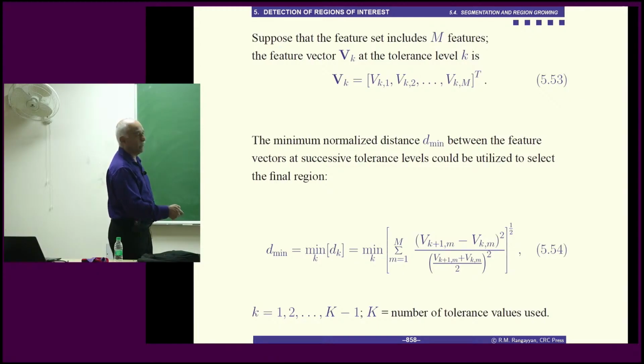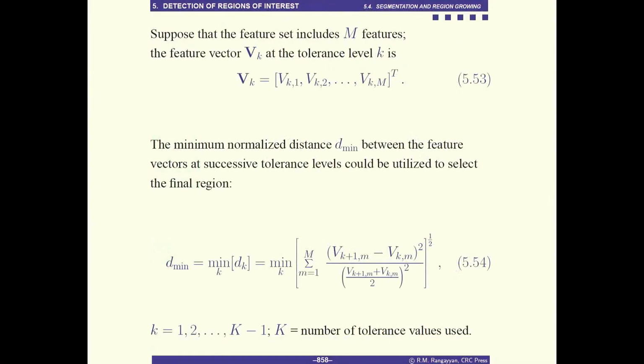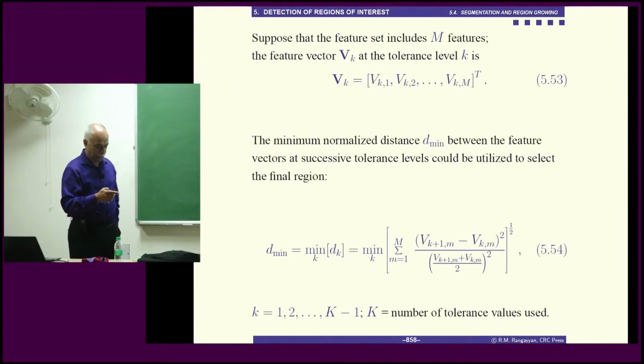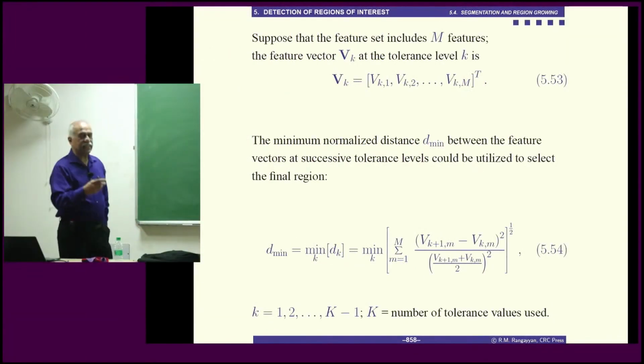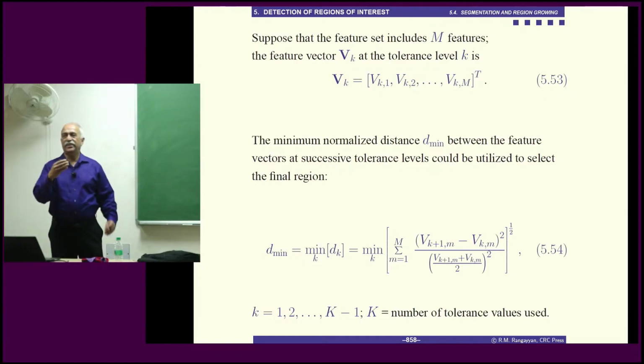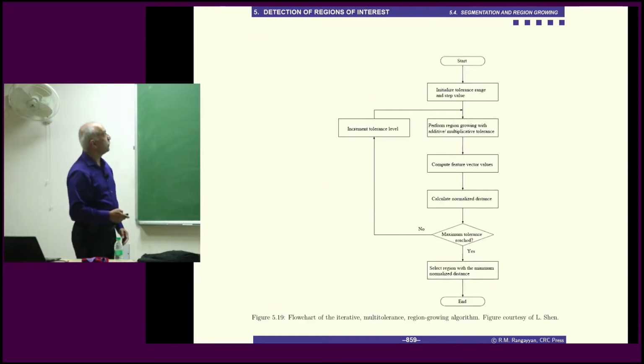How much did the features change coming to the current step compared to the previous step, normalized by this factor, sum over all of the M features. And that is the normalized difference. Find the minimum of that change over all K, the multiple regions you obtained for different tolerance levels, and take that one. So that is considered to be the most stable region among the various regions obtained.